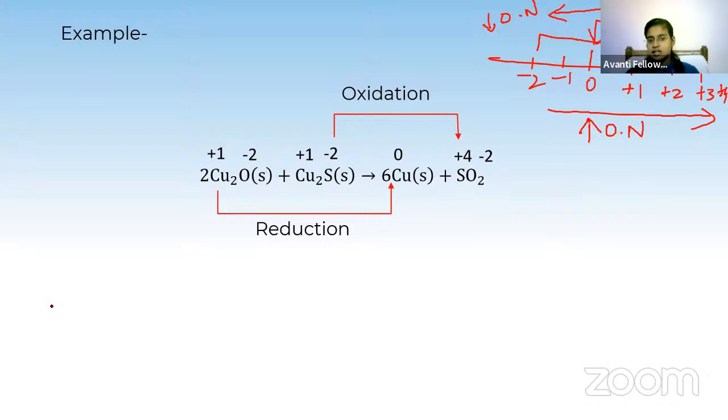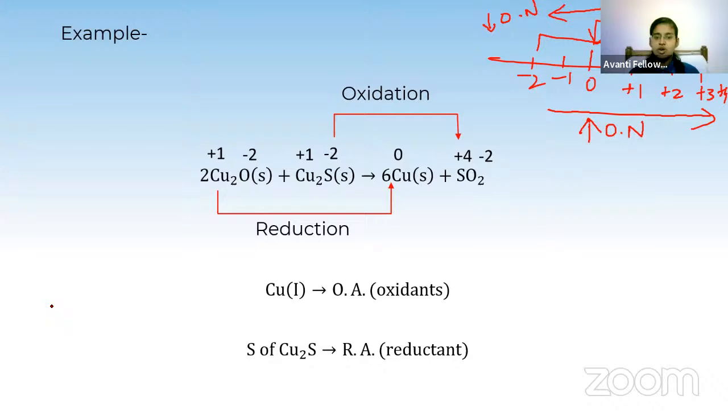Okay. Clear? The reagent which increases the oxidation number is called the oxidizing agent, and the reagent which decreases the oxidation number is called the reducing agent. So copper 1 is the oxidizing agent and sulfur in copper sulfide is a reducing agent.